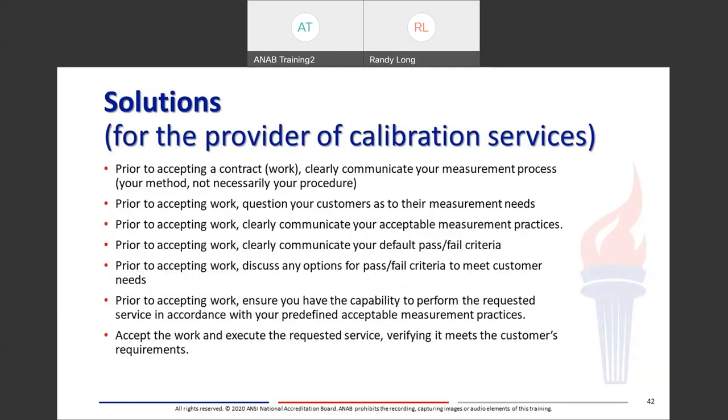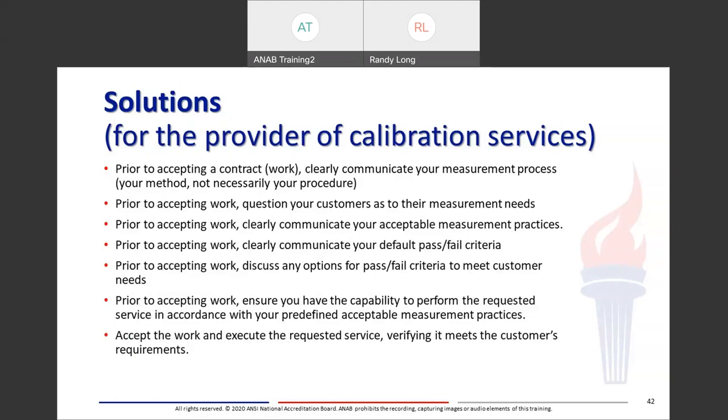Prior to accepting a contract or work, clearly communicate your measurement process, your method, not necessarily your individual procedure. Prior to accepting work, question your customers as to what their measurement needs are. Also clearly communicate your acceptable measurement practices. Clearly communicate your default pass-fail criteria.